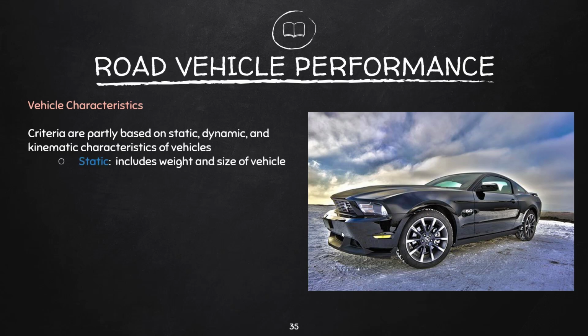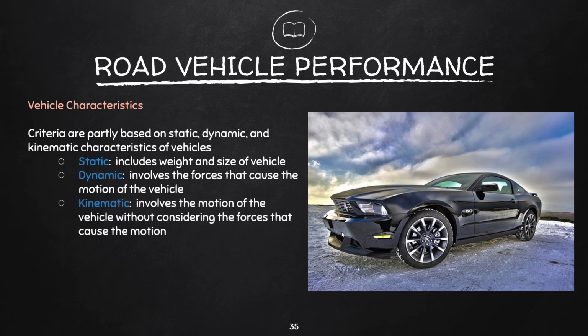Static includes weight and size of the vehicle. Of course, part na dyan yung aerodynamics ng vehicle. Sa dynamic, it involves the forces that cause the motion of the vehicle. Kinematic involves the motion of the vehicle without considering the forces that cause the motion.